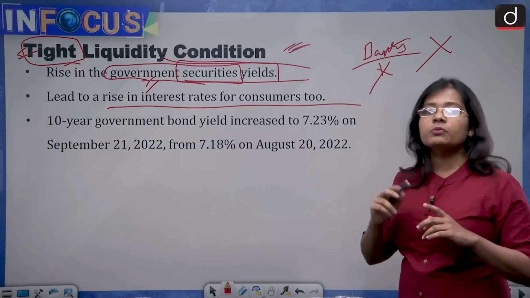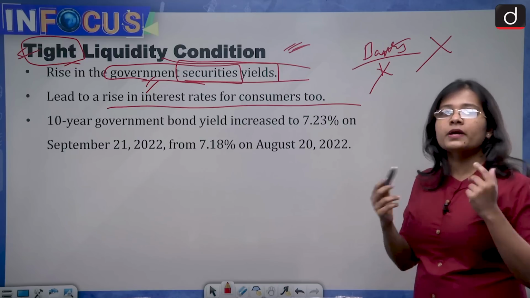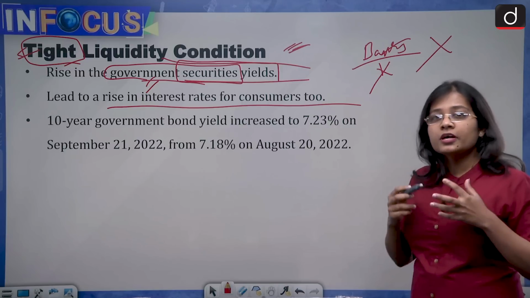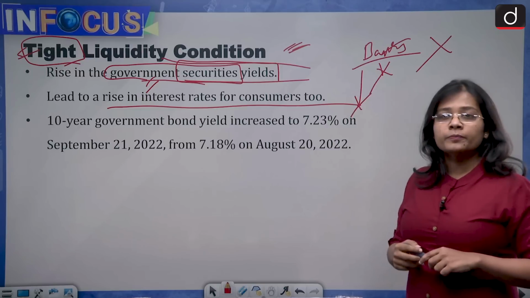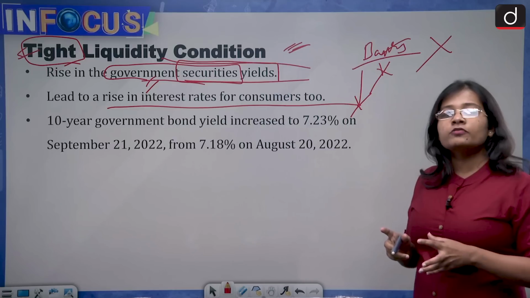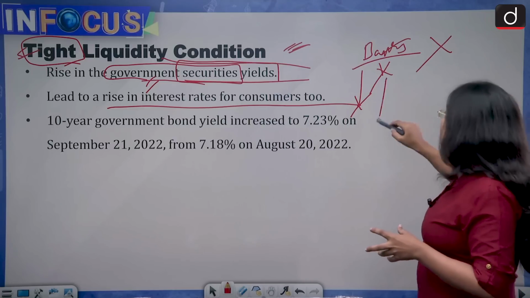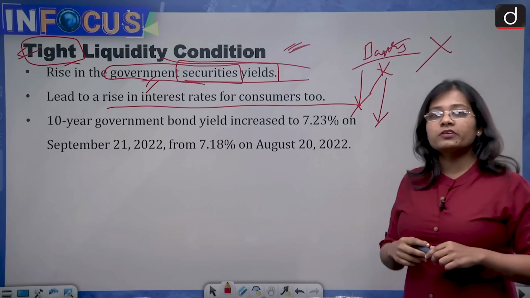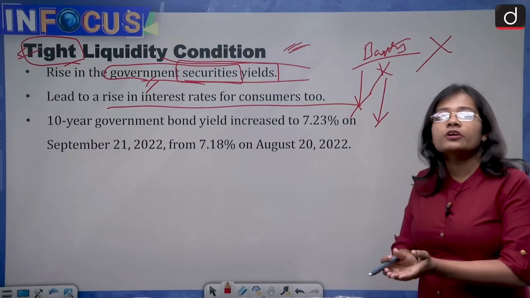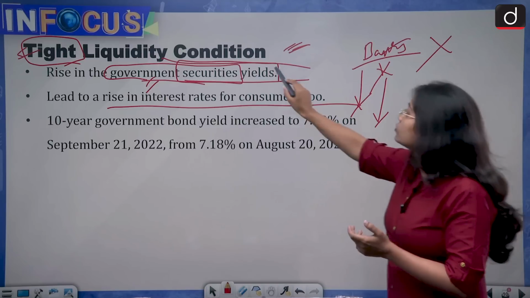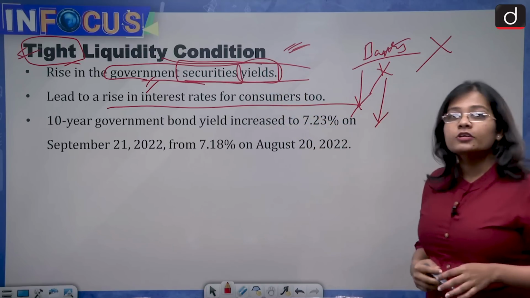And when banks will not be able to buy the government securities, who will buy them? It means the demand for government securities is very low. When the demand is low, the price of the government securities will come down. And when the price comes down, what will happen to the yield?